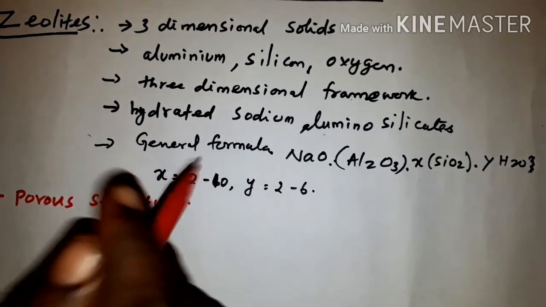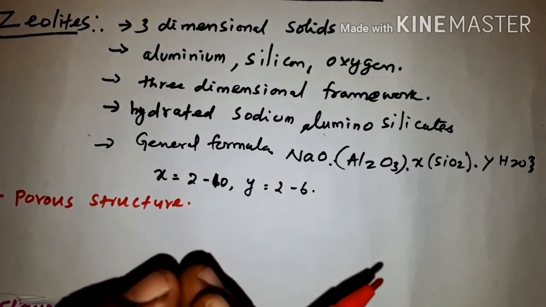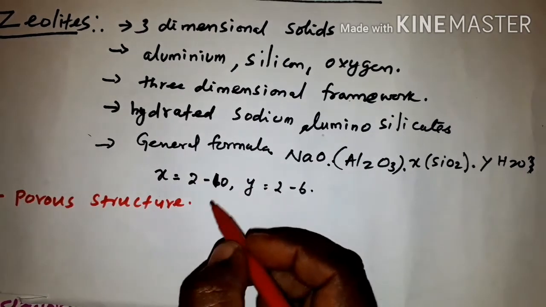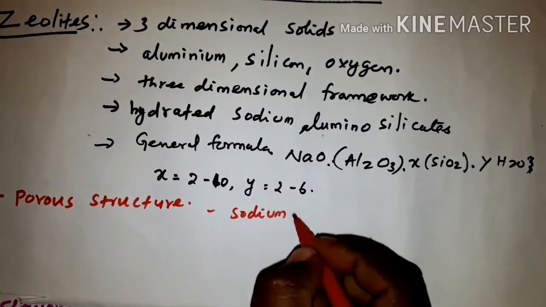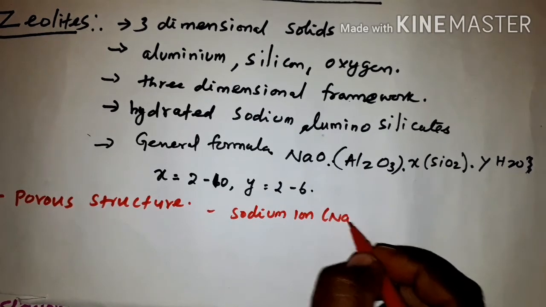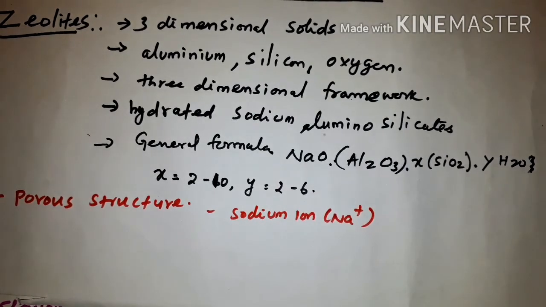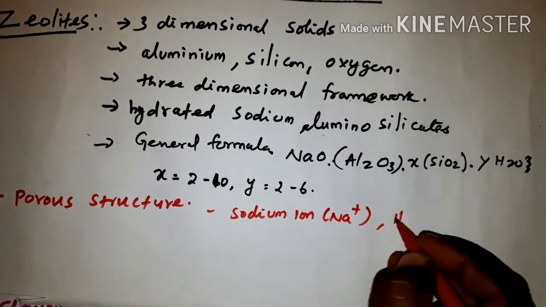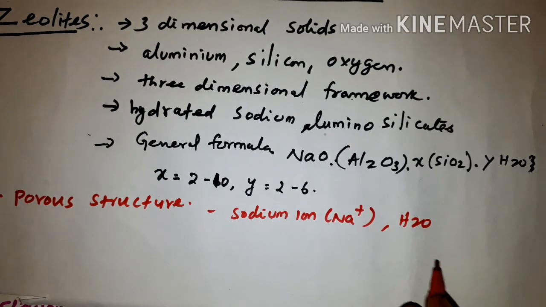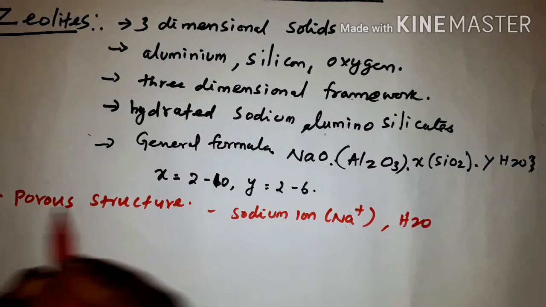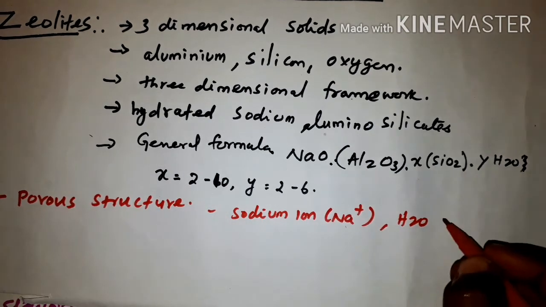In those tiny holes, they contain monovalent sodium ions, that is Na+, and water molecules, which are loosely held.